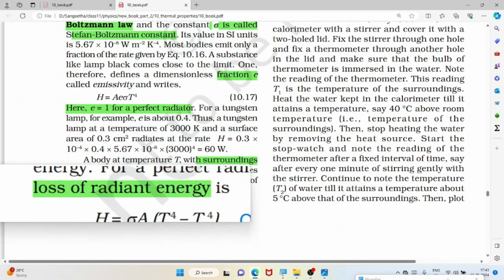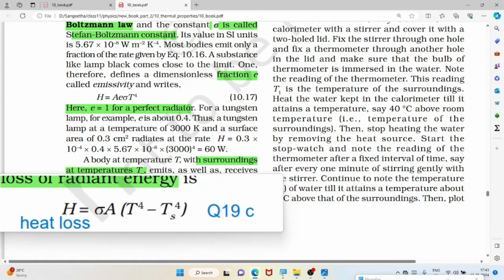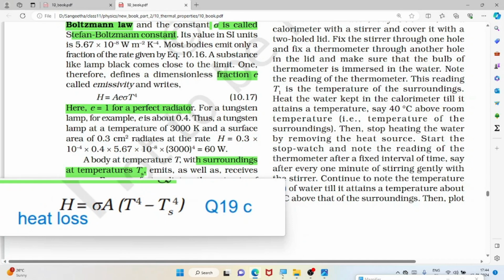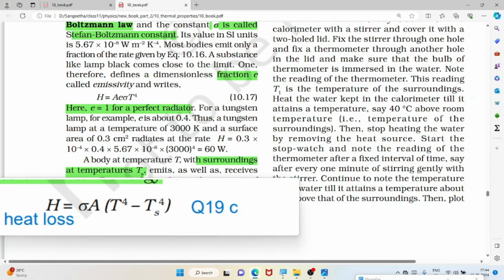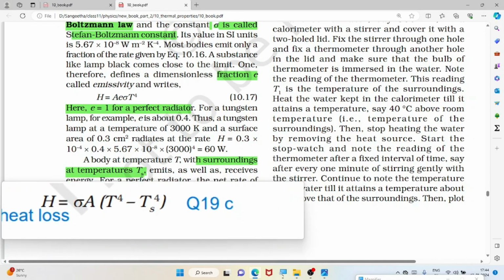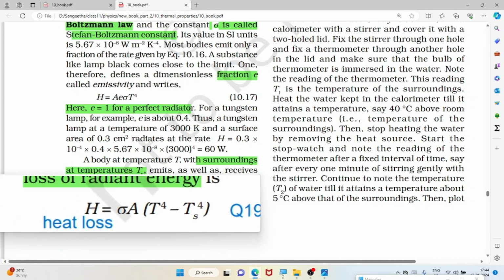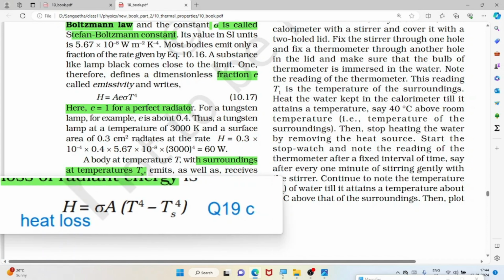See, this is the radiation formula. This is the surrounding temperature, and this is the body temperature. In the open place, the surrounding temperature will be less, so radiation will be more in the open. That is why you will get the low value.